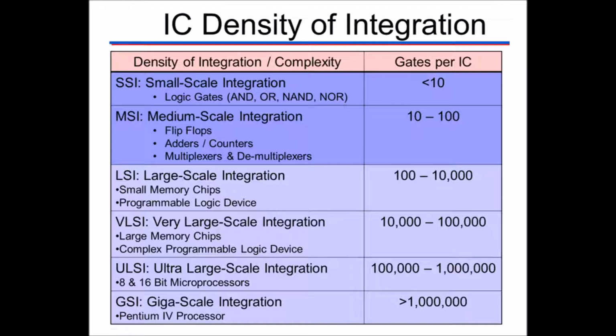All right, let's look at the next slide. You certainly don't have to memorize this chart, but you should be familiar with some of these numbers. We started out the year using basic chips with just six AND gates or OR gates or NAND gates. These are called small scale integrated circuits, generally less than 10 gates per chip. Then we started using flip-flops, adders and counters, multiplexers and demultiplexers. These are medium scale.